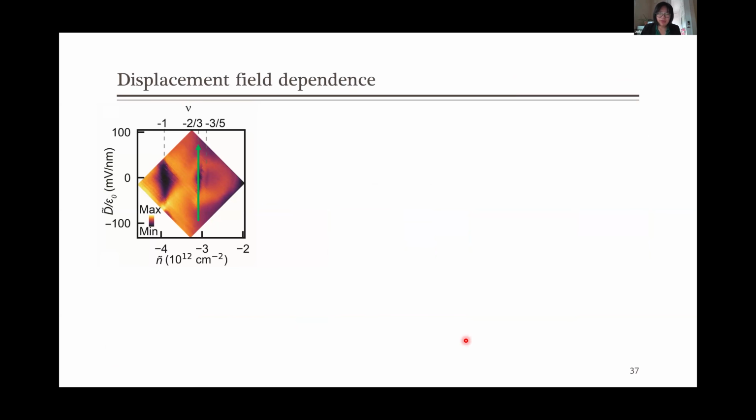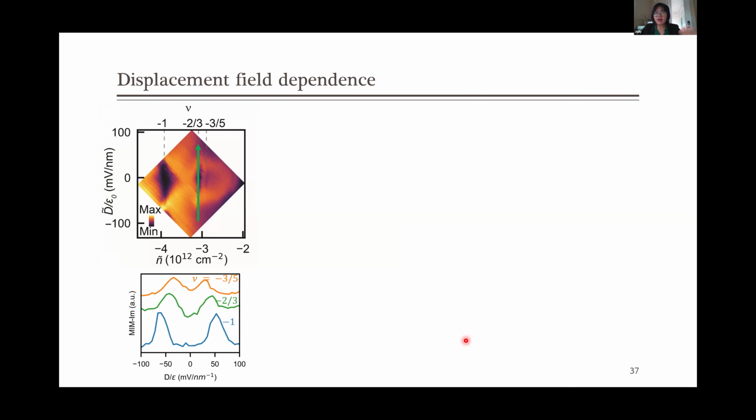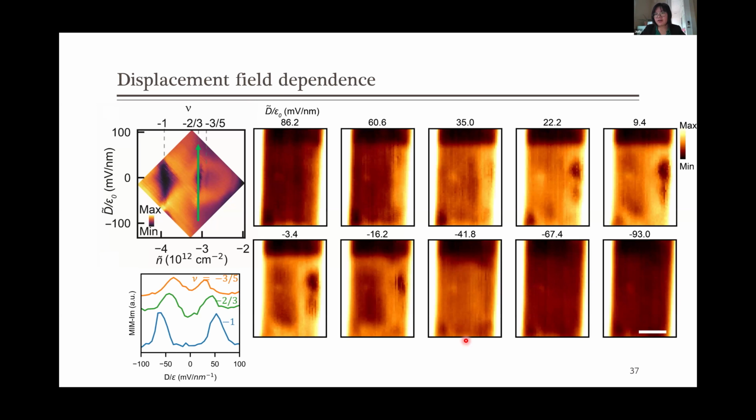One question that we really wanted to make sure was whether the edge that we saw is coming from some disorder in the sample, or is it really a consequence of the topological state? So what we did was to change the displacement field on the other axis. And then we see how this imaging evolves.